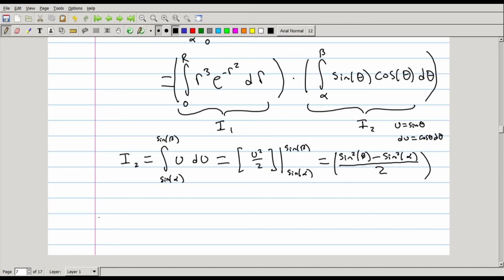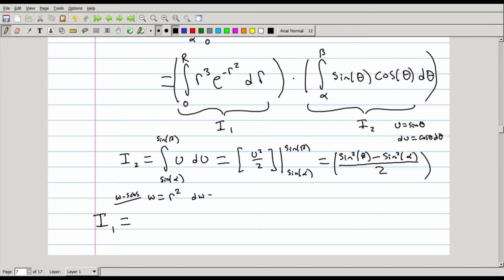And likewise, we can go through and evaluate the integral for I1. This is going to require two steps. First, we use a u substitution. And I don't want you to get confused here. This u down here is not the same thing as this u right here. So maybe I'll use a different variable. I'll do a w substitution of w is equal to r squared.